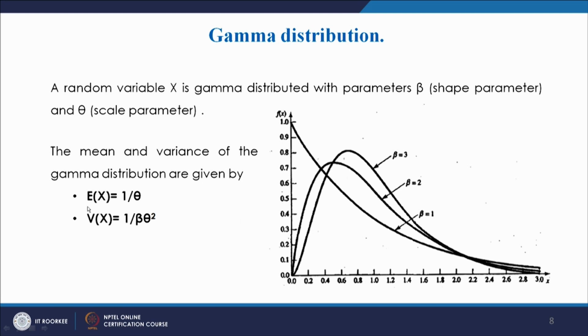In this case, the mean is defined as 1 by theta and the variance is defined as 1 by beta theta square. This is the mean and variance in the case of the gamma distribution function.